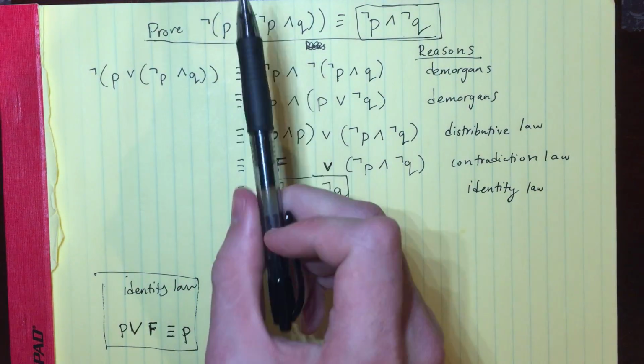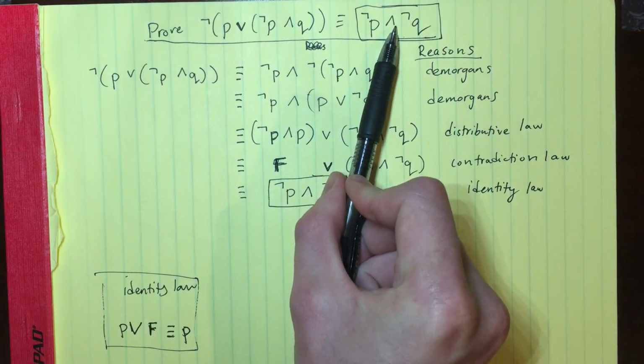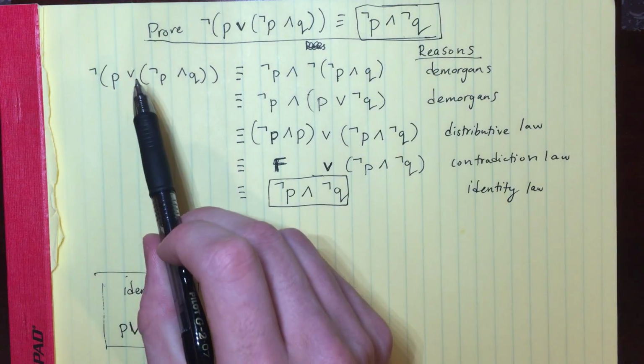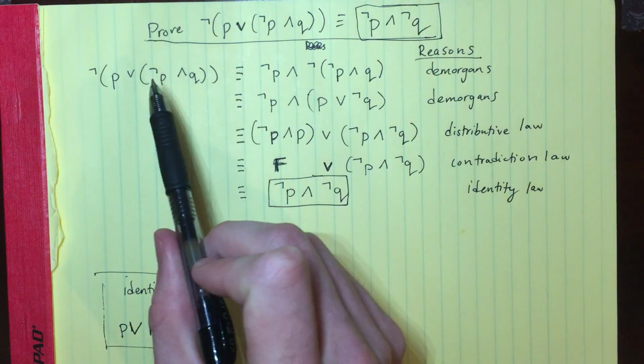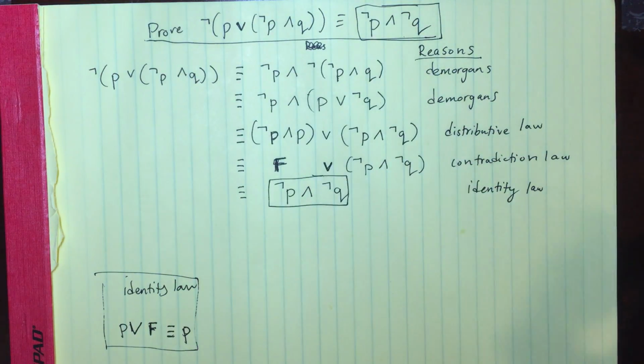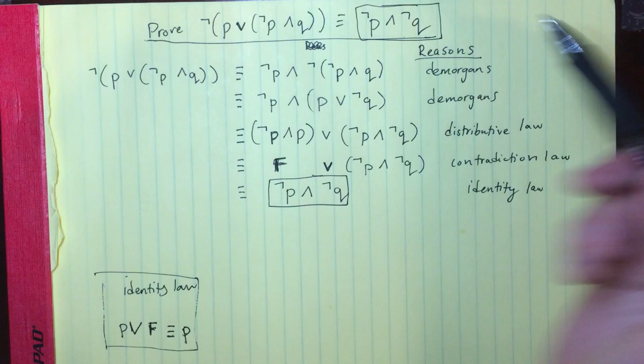So we were proving this is equivalent to this. You can use truth tables, or you can use proofs like this using logical equivalences. And you start out with usually the bigger one. You can probably mess with the other to get to this, but you'd have to figure that out. Probably expand it a little bit. But what you can do is just take this and use these laws.